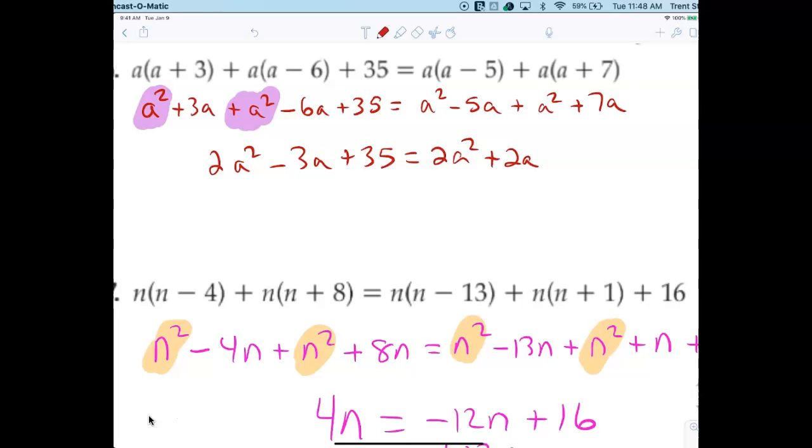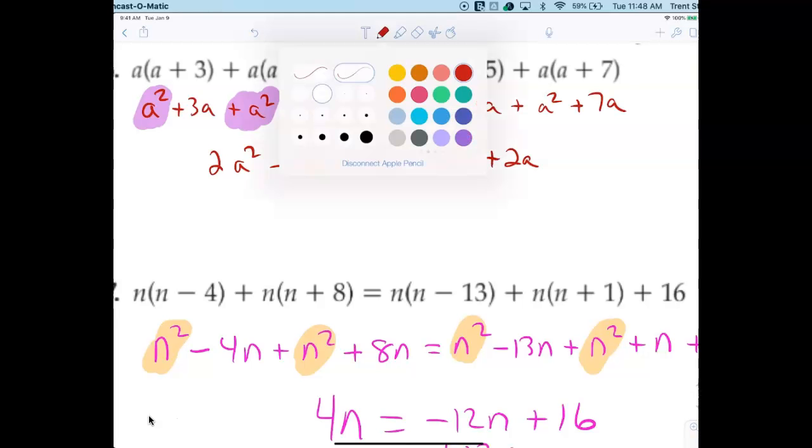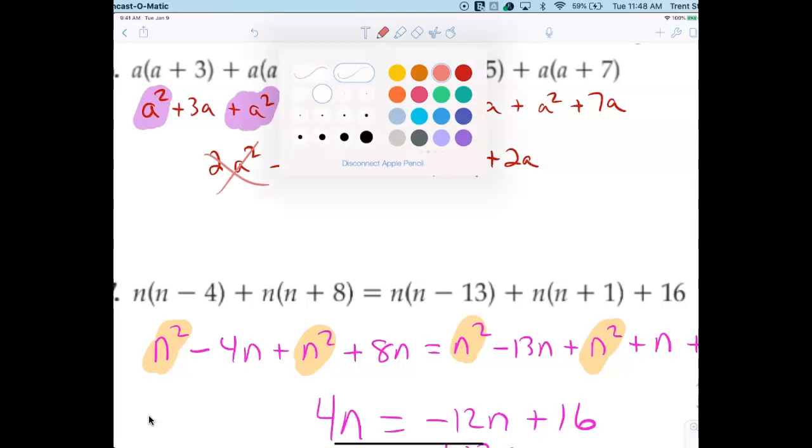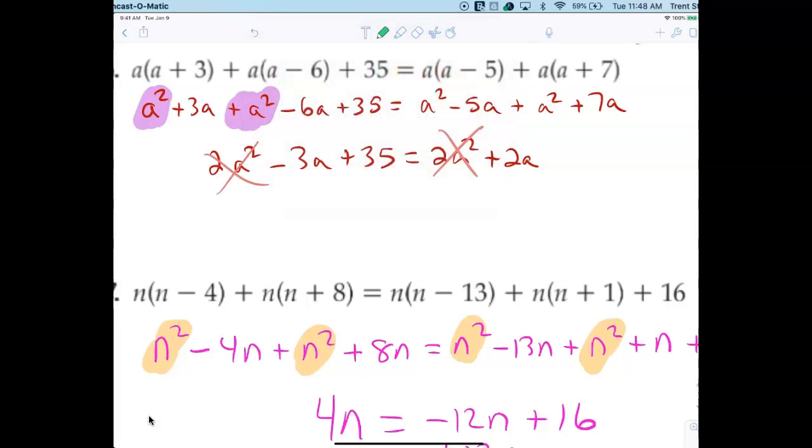They cancel. Is everybody comfortable with that? Then it would be minus the 2a. I prefer that you add the 3a's. So 35 equals 5a, and a equals 7. There you go.